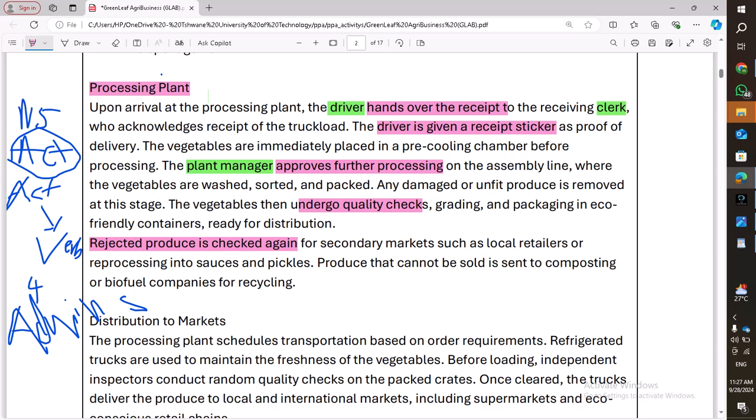If they reject it, then the rejected products are checked again. Then the system checks the products for a secondary market, such as local resellers or processing into sauces and pickles. And also the products that cannot be sold are sent to decomposition or a recycling company for doing other things.